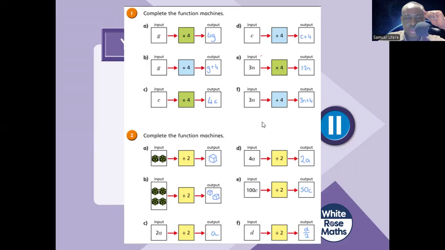Okay, look at question 2. Again, they're just blocks. So 2 blocks, you split the 2 blocks in one box into 2 separate boxes. You just have one box. Then 4u divided by 2 will give you 2u. 2a.